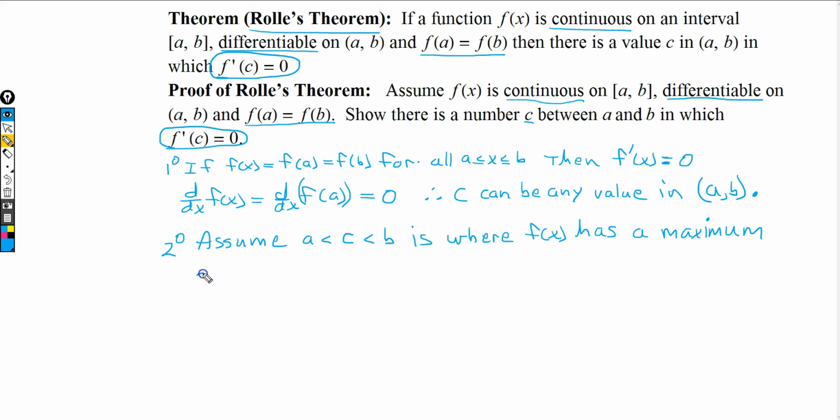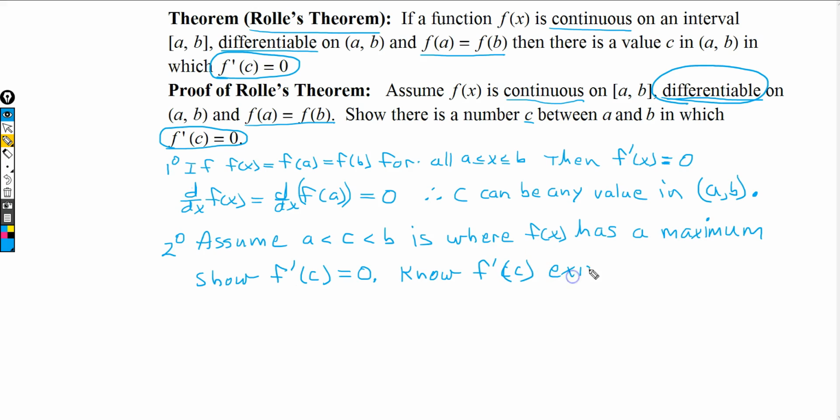And now we're going to show f prime of c must be equal to 0. Well, we know that f prime of c exists because we assumed f of x was differentiable. So we know f prime of c exists.